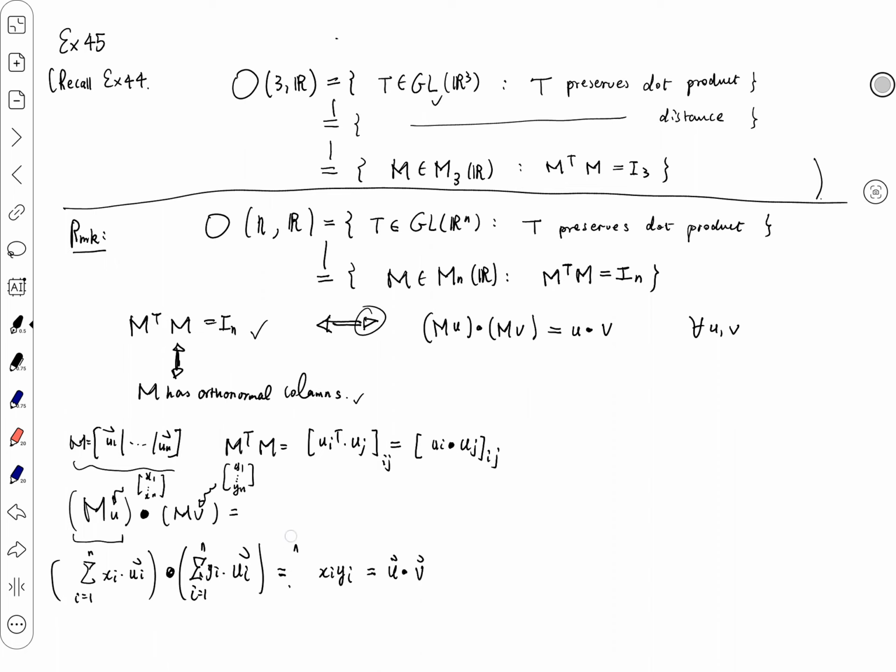Or if this notation is better, instead of writing u and v, maybe you could write x and y, which makes the notation more consistent. Finally this equals the dot product of x and y, for any x and y.